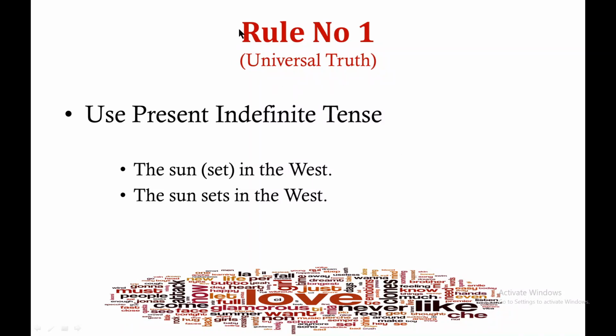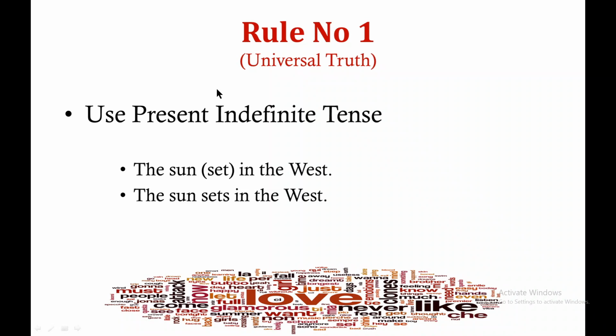Now if you see a universal truth, you immediately have to jump to present indefinite tense. I'm not going to discuss present indefinite tense here; you have to go back and learn some of its rules.